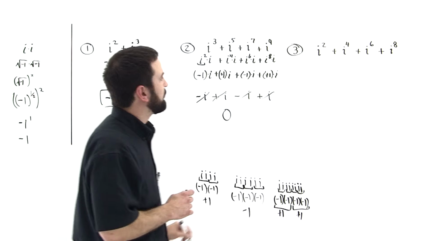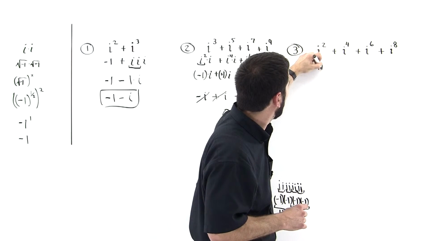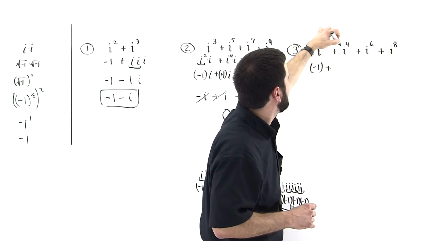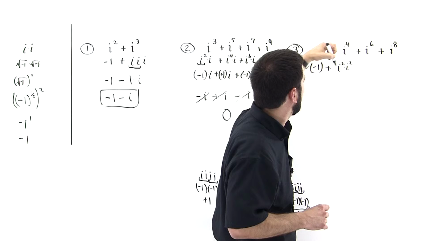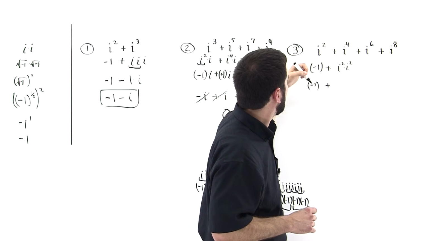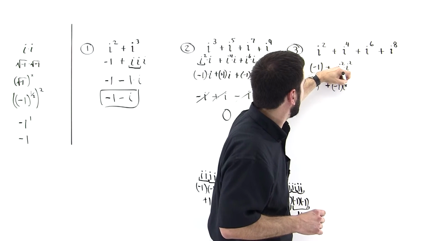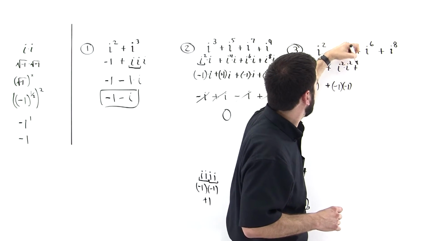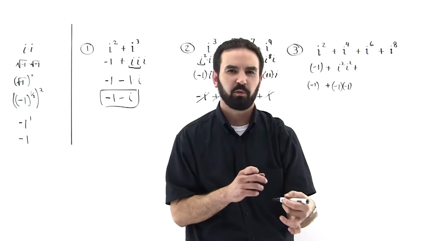Okay? So for this one here, i squared is negative 1, so we have negative 1. This next one is equal to i squared times i squared, isn't it? So then i squared times i squared is negative 1 times negative 1. And then this thing is equal to i squared times i squared times i squared, right?